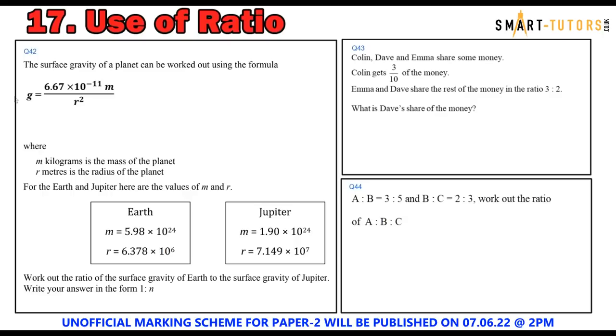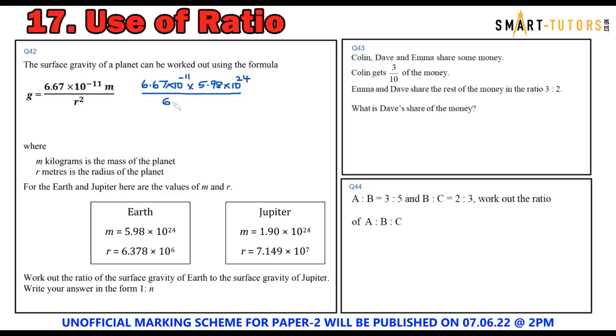So what they are asking is G equals 6.67 times 10 to the power minus 11. So G is 6.67 times 10 to the power minus 11 times by M. Earth's M is 5.98 times 10 to the power 24 over R squared.